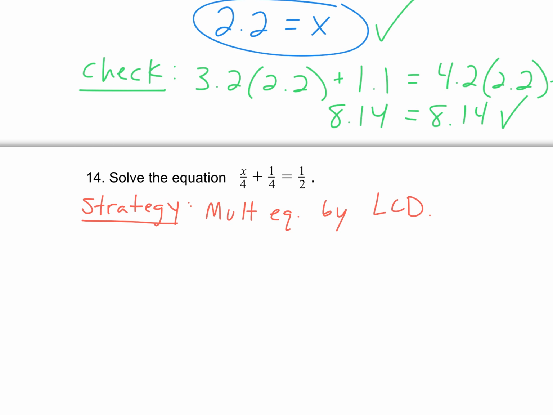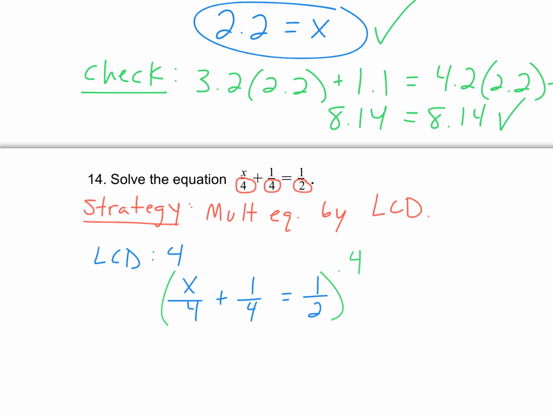So if I compare these denominators, 4, 4, and 2, the least common denominator is 4. So our LCD in this case is 4. That means I'm going to take my equation and multiply all of it by 4.